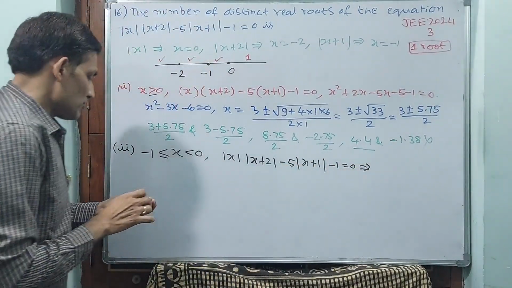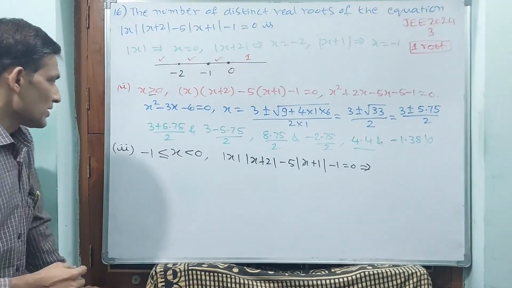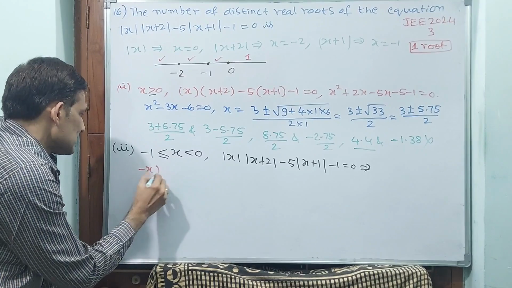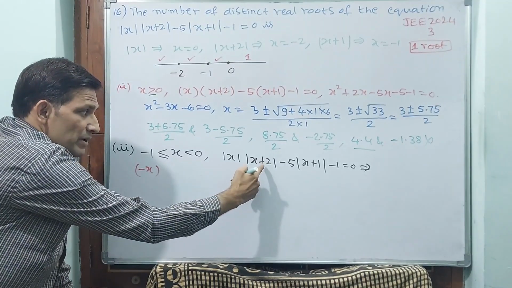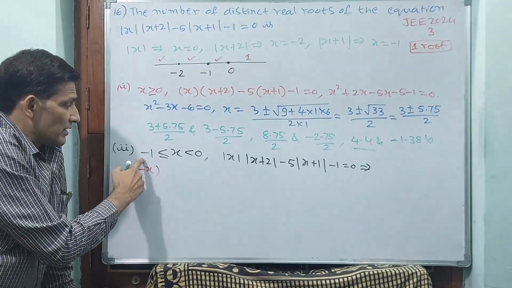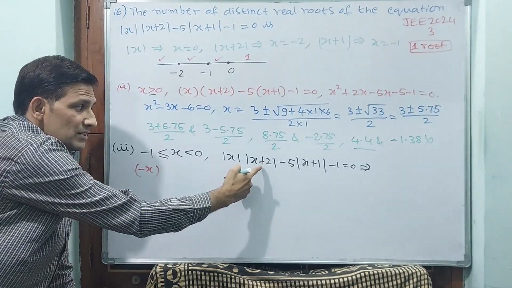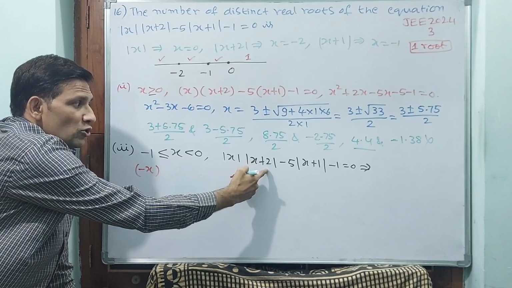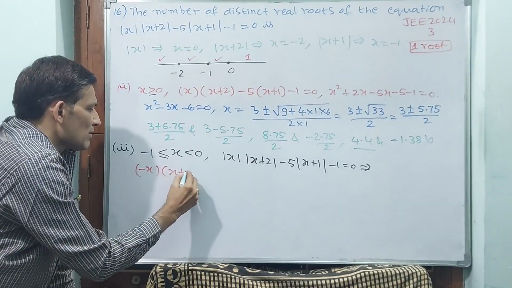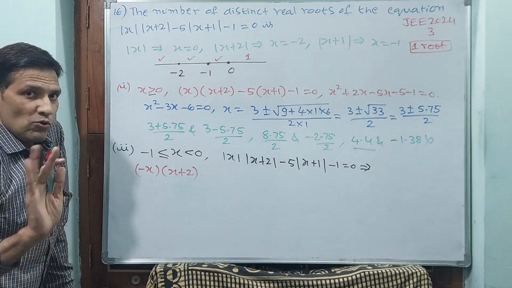See how I am changing that equation. When x is less than 0, this is going to become minus x. But now, less than 0 only, greater than or equal to minus 1, even if you keep minus 1, 2 minus 1 is 1, it is going to become positive. That is why I am keeping this the same. There is no negative.